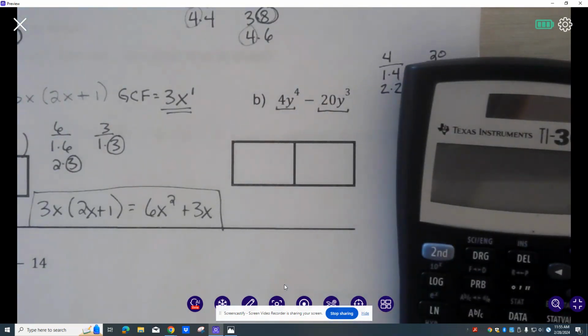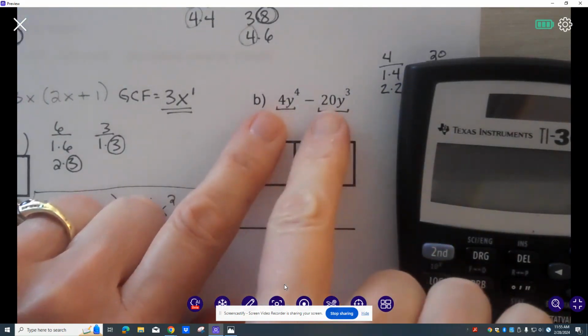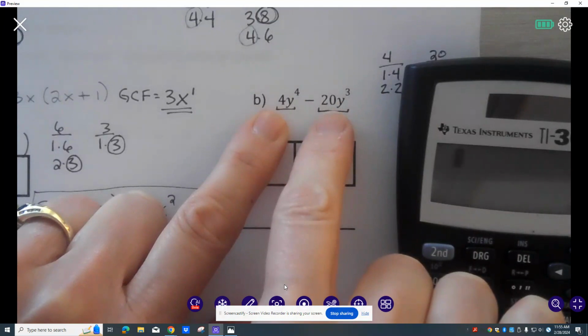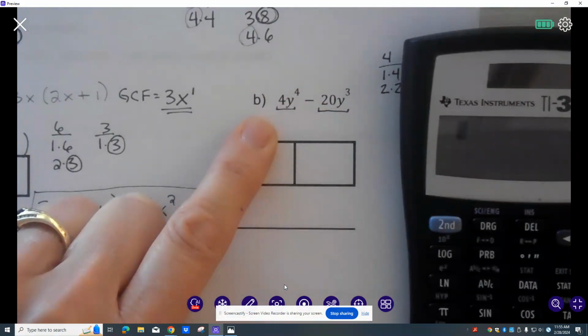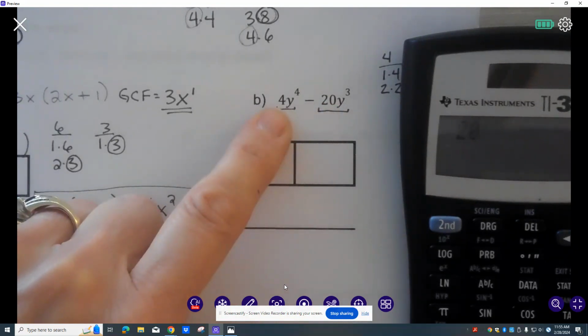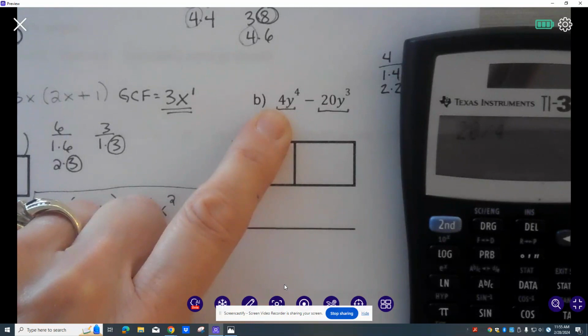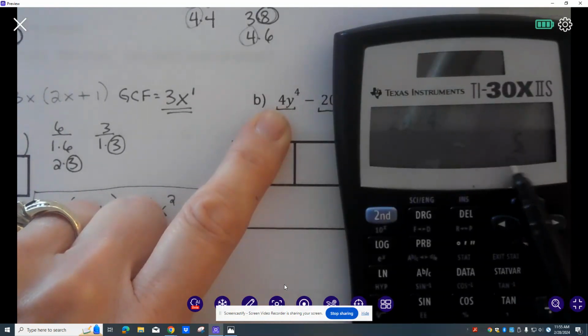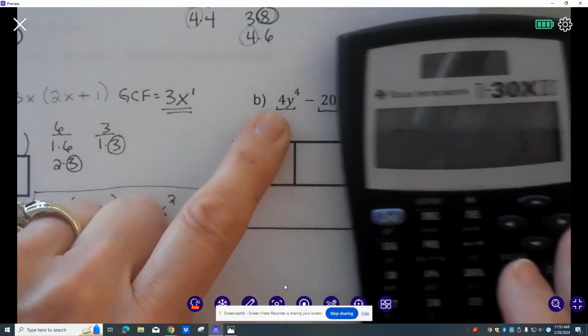So we have two numbers here that we're trying to find the greatest common factor for, which are 20 and 4. If you take the bigger factor, ignore that negative, take the bigger coefficient, I should say, divide it by the smaller coefficient, which is 4, and you find that when you do that division, you get a nice whole number.